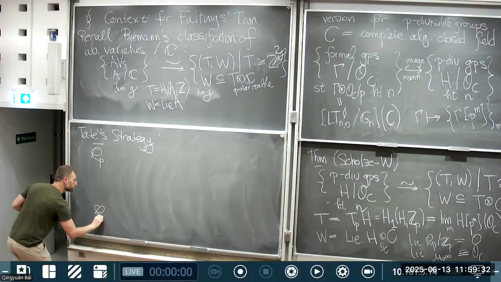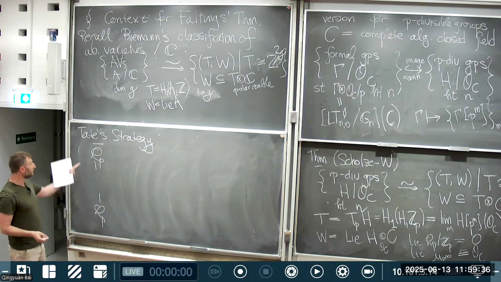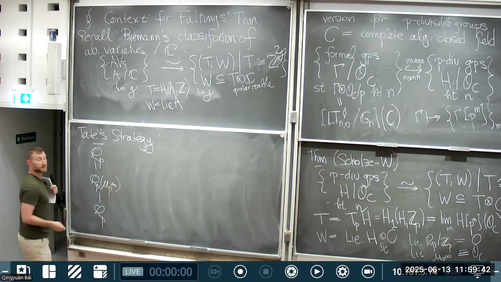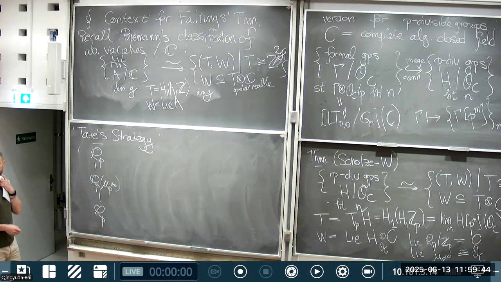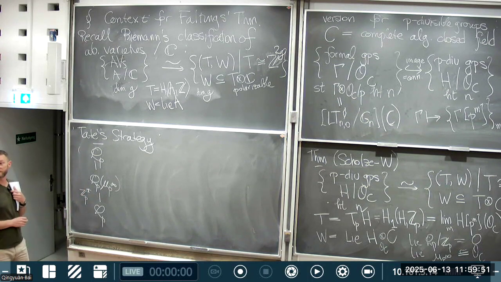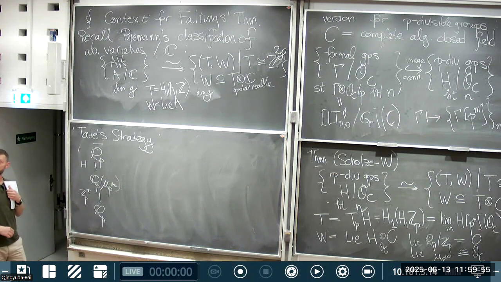It lives over QP, but I'm going to put something in. Let's not go all the way up to QP bar. Let's instead go to QP and adjoin all p-power roots of unity. This field over this one is a lot easier to deal with. Its Galois group is the abelian group Zp cross. The rest of the group, I don't know, it's called H.